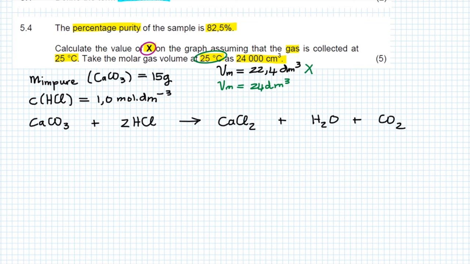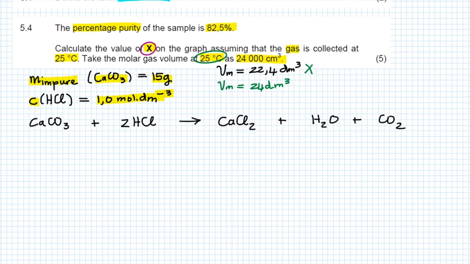I'd like to remind you that the mass of the impure sample of calcium carbonate is 15 grams. The concentration of the hydrochloric acid is 1.0 mole per decimeters cubed, and here we have the balanced chemical equation, and we are always interested in this because the balanced chemical equation allows us to perform stoichiometric calculations.